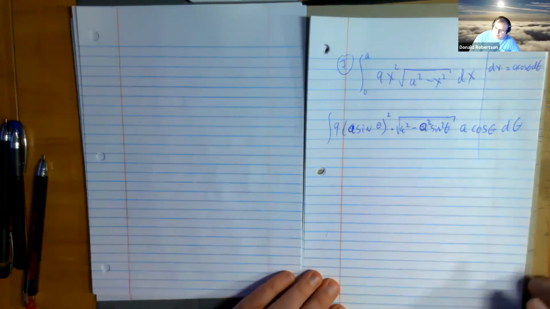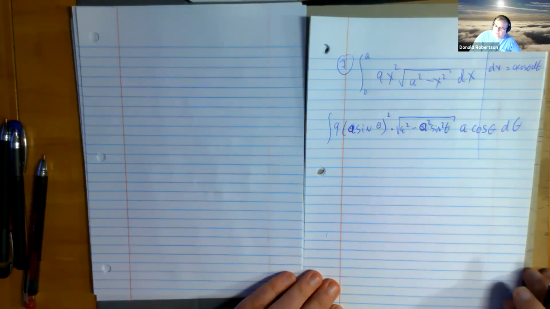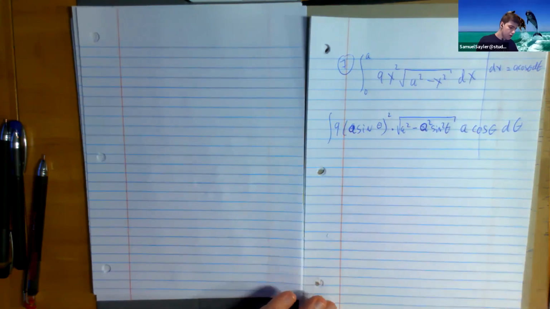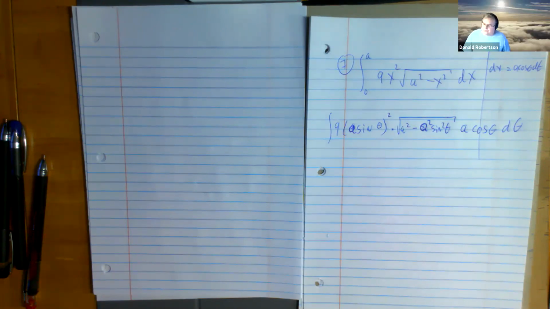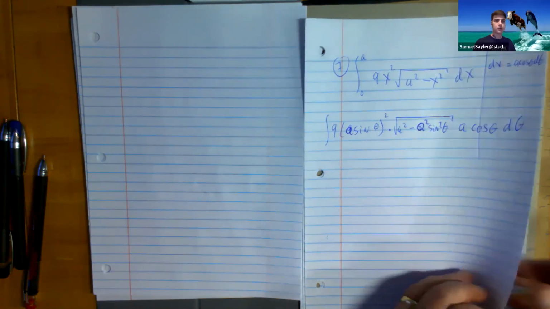Because if you don't, that's pretty much where you went wrong. Oh, so instead of a cosine theta, it was 1 over a cosine theta that I did, and that was the mistake I made. Yeah. Okay, cool.